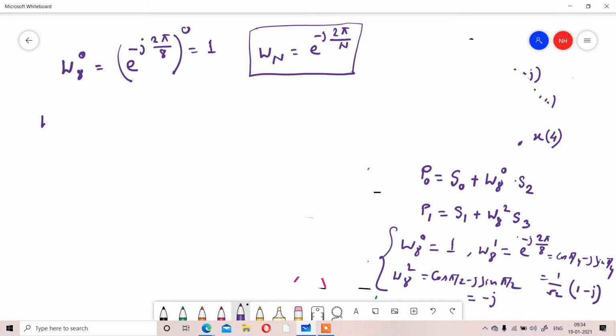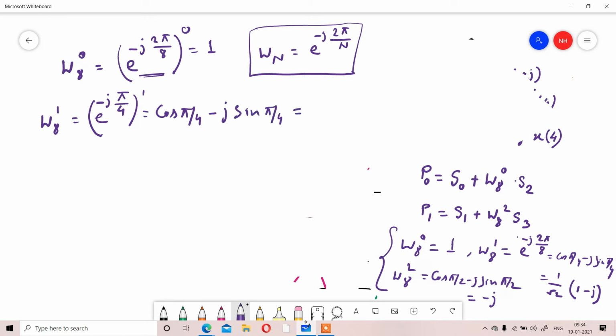Similarly, W81 means this to the power 1, e to the power minus j 2 pi by 8. I am writing it as pi by 4. So pi by 4 to the power 1. So e to the power minus j pi by 4 means cos pi by 4 minus j sin pi by 4.